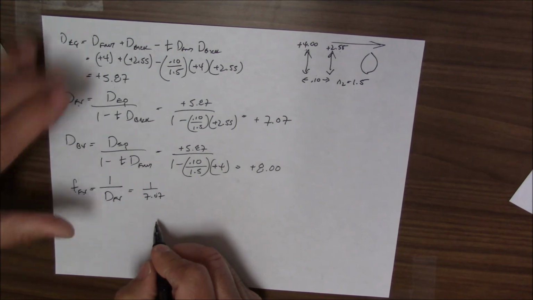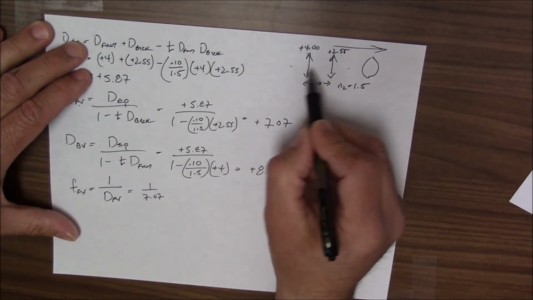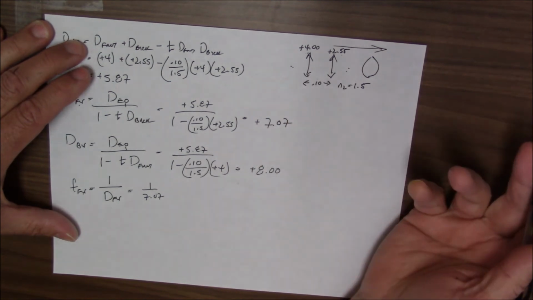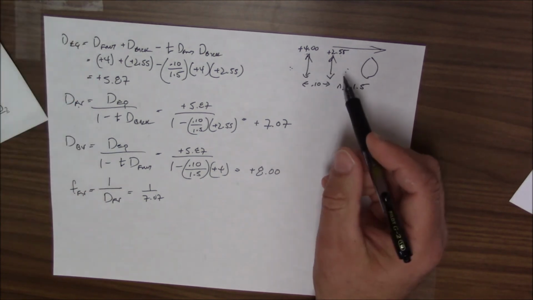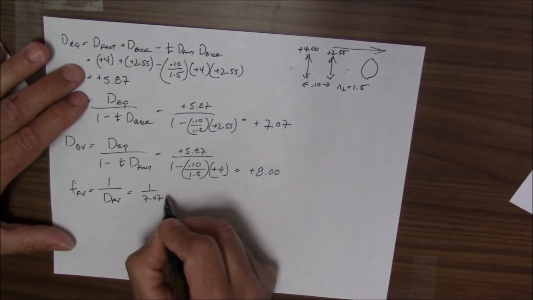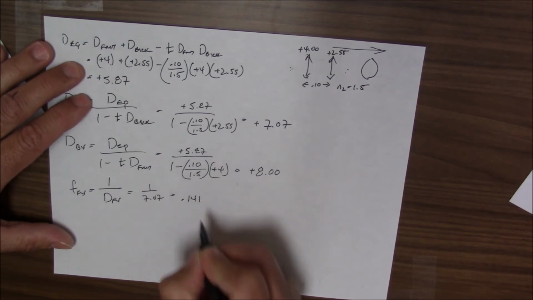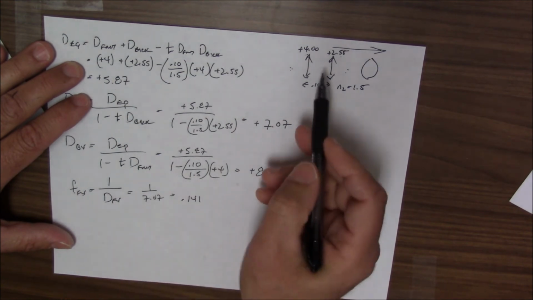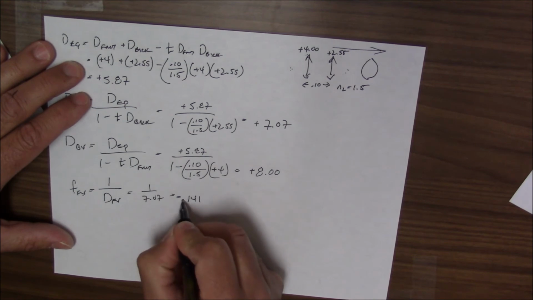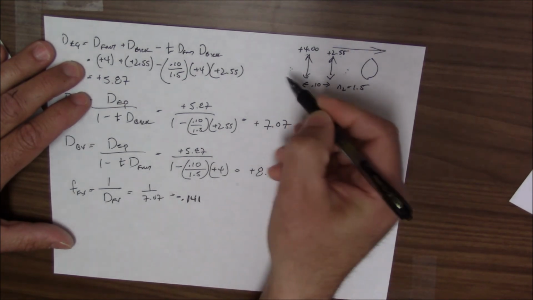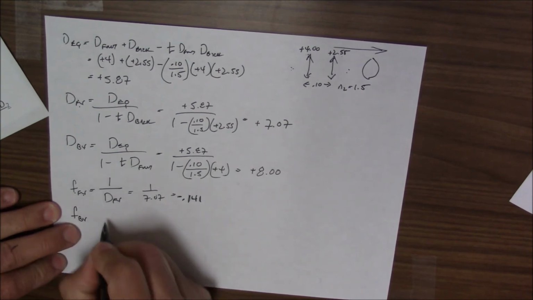Our numerator is a 1 because the focal lengths are going to be out here or out here, not in the lens but outside the lens. And once again, unless we're told otherwise, we're assuming that this patient is wearing these glasses in air and not in a swimming pool. Okay, so take the inverse of your 707 and that gives you a 0.141. But once again, this is front vertex power, so it's going to be in the front, so it's going to have a negative sign associated with it, all right, which means it's going to be over on this side in front of the lens.